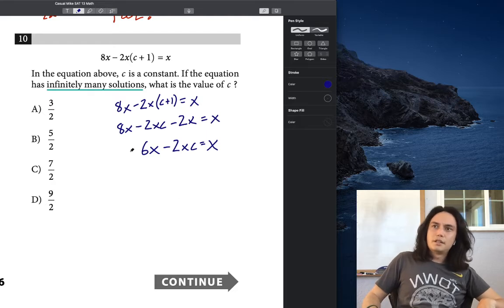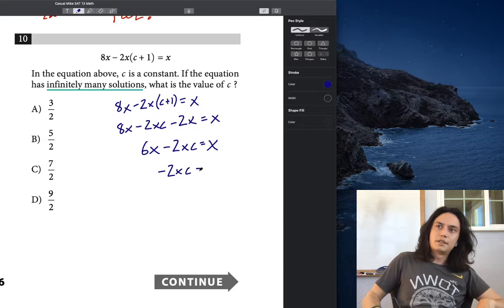Now we're going to take this and move it over to the other side. Let's take the 6x and move it over, subtracting 6x from both sides. So we've got minus 2xc equals x minus 6x. This x minus 6x, that's negative 5x. Well, this is going to be the right answer.